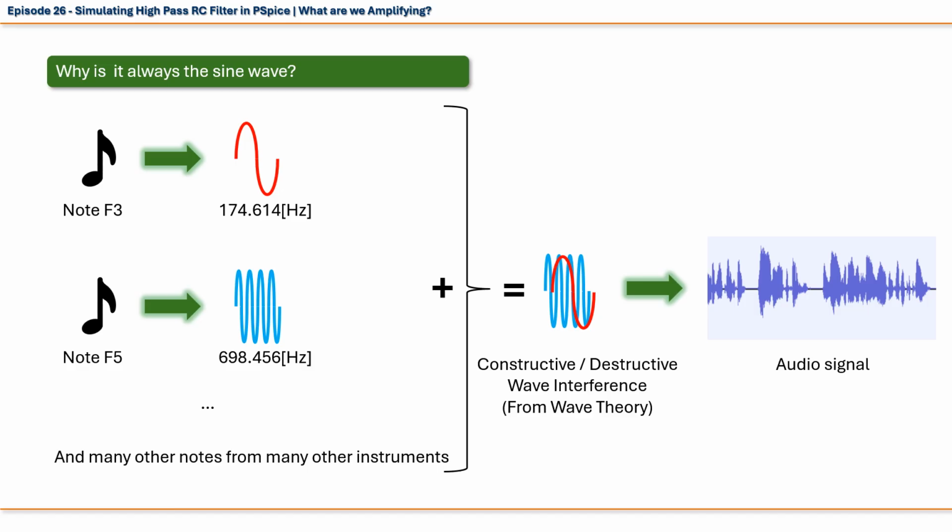So, as a result, we will get what we visually represent as an audio signal, a shape with lots of peaks of different amplitude. All these peaks are amplitudes of different sine waves, added together, representing different notes, that have interfered constructively or destructively. If you have ever used any audio processing software, you are very familiar with this shape. And now, you know how it's made.